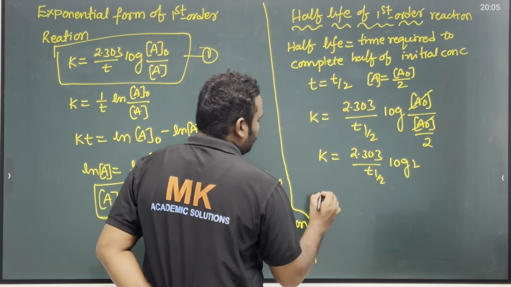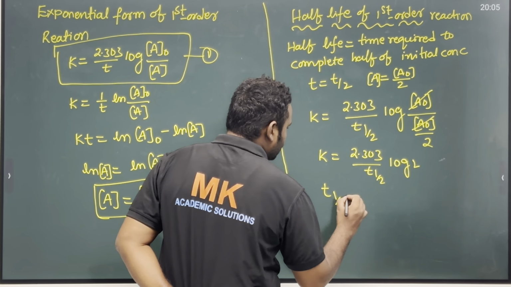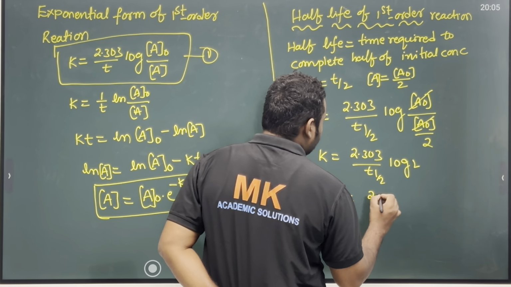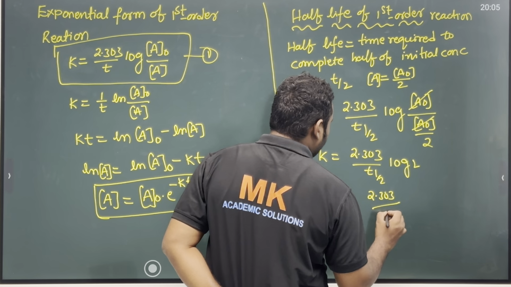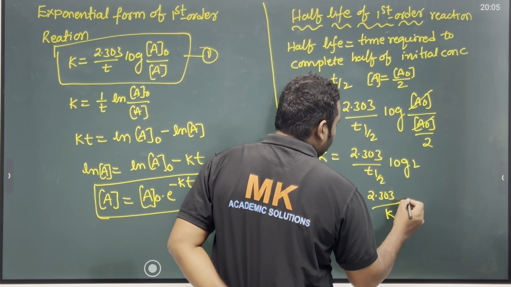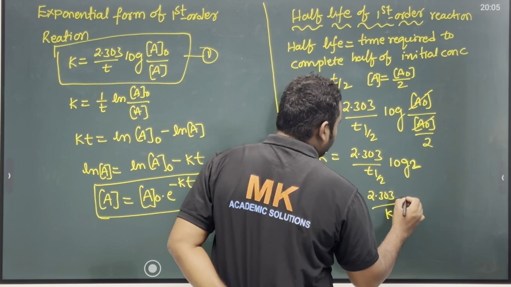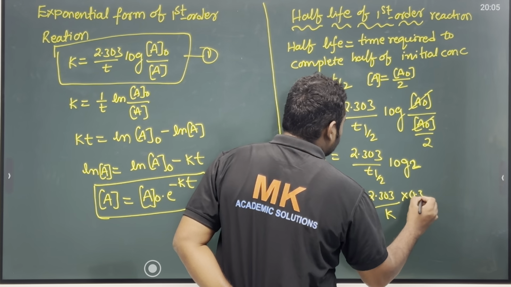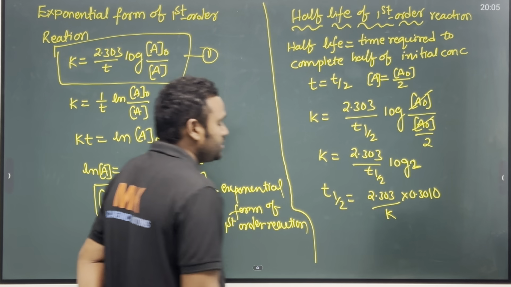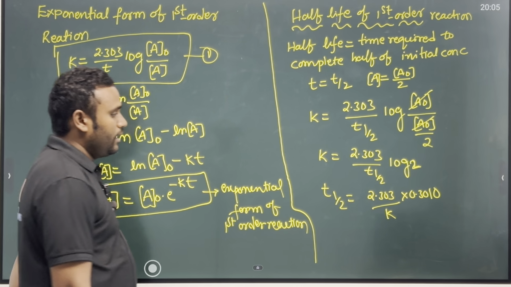Therefore t half is equal to 2.303 by K times log 2. The log 2 value is 0.3010.